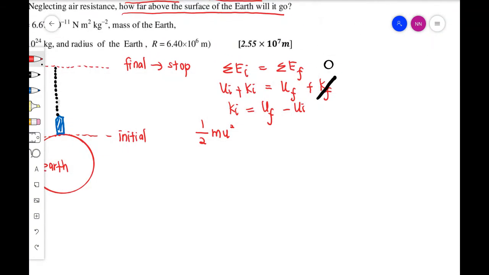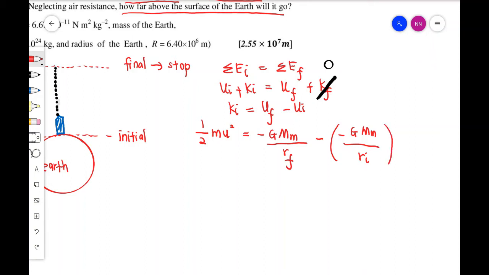U final, gravitational potential energy, adalah negative GMm over r final. Dan U initial adalah negative GMm over r initial.